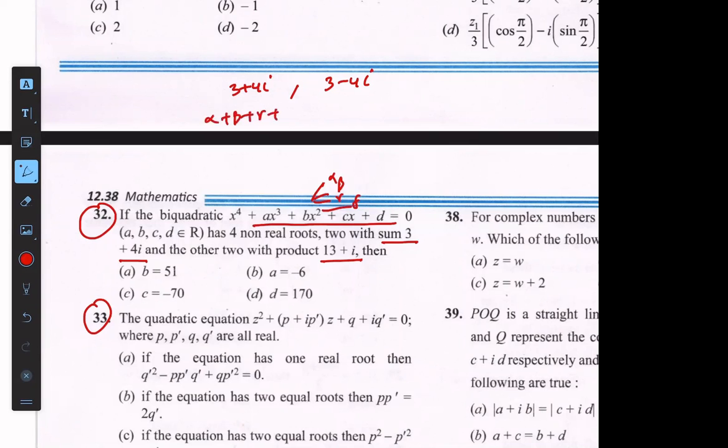So sum of them will be 6, और सम ऑफ रूट इज माइनस a बाई b। अच्छा, प्रोडक्ट ऑफ रूट भी देख लीजिए, प्रोडक्ट ऑफ रूट है 13 + i। तो अल्फा प्लस बीटा हम इसको एज्यूम कर सकते हैं, तो इससे आ गया गामा प्लस डेल्टा। अब क्वेश्चन में लिखा है कि गामा डेल्टा की वैल्यू है 13 + i। सो व्हाट अबाउट अल्फा बीटा? अल्फा बीटा की वैल्यू होगी 13 - i। तो आप क्वाड्रेटिक बना के सॉल्व कर सकते हैं कि नहीं कर सकते हैं?